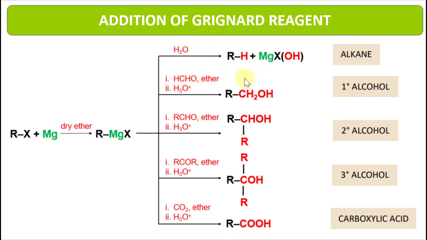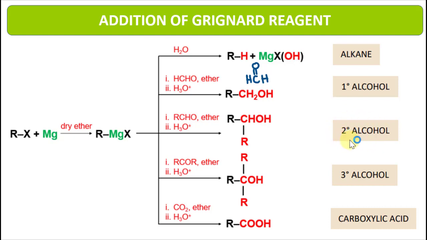So the structure of methanal is actually HC double bond O, H. The type of reaction here is nucleophilic addition, where the C double bond O in the methanal will become a C single bond O. The carbon on the C double bond O here is an electron deficient site, so it is an electrophilic site. So the nucleophile, which is from our Grignard reagent, will attack the electrophilic site of the carbon.